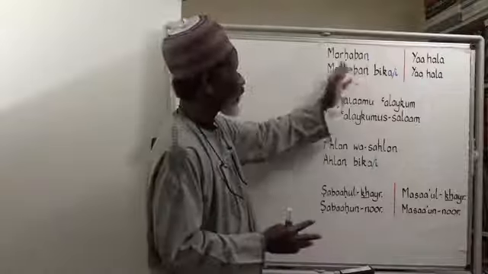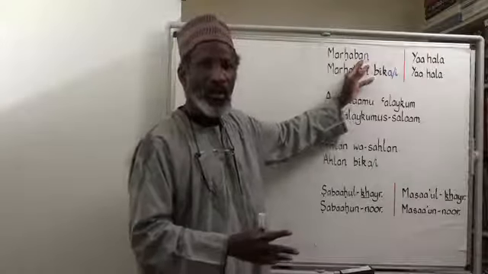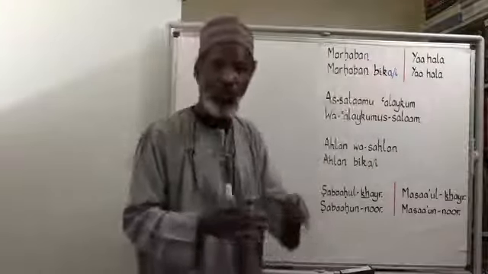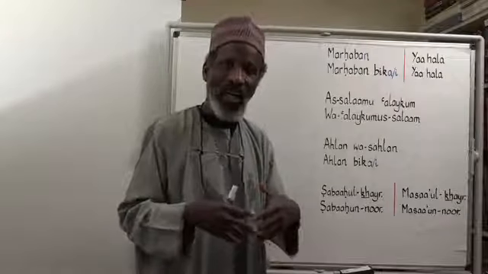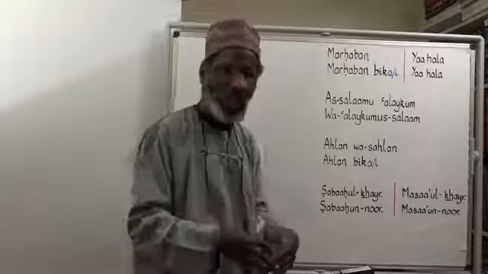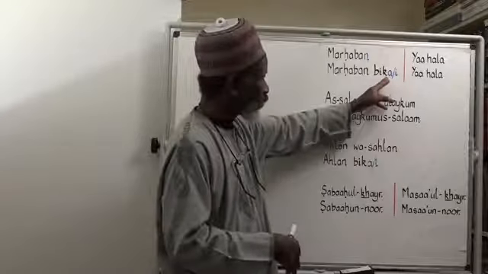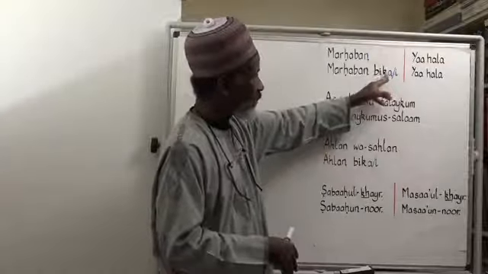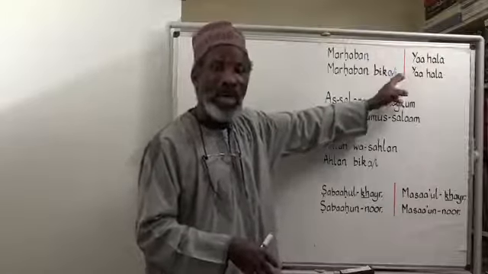Generally speaking, they will say marhaba, but you can say marhaban for those who want all the endings, those who want to go along with some grammar aspect of it as well. But you are allowed to stop before the blue colors.